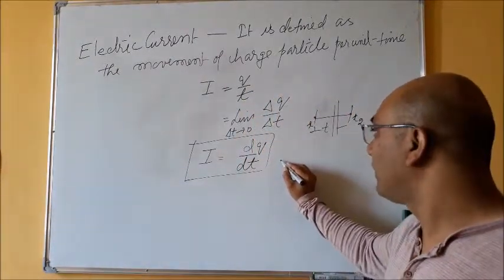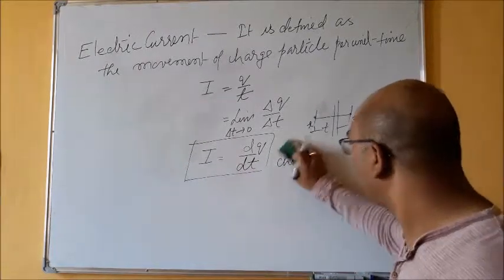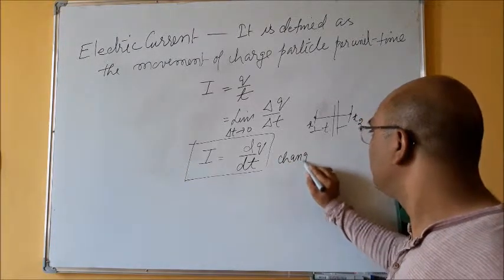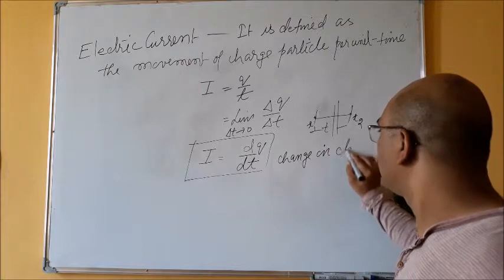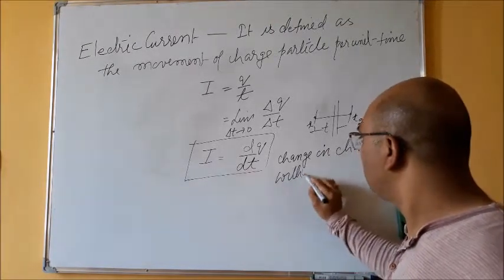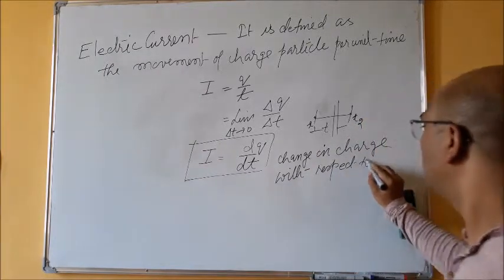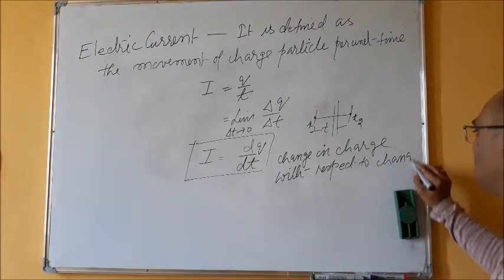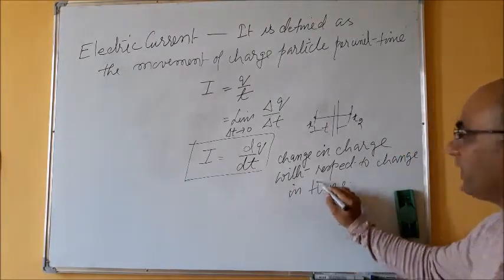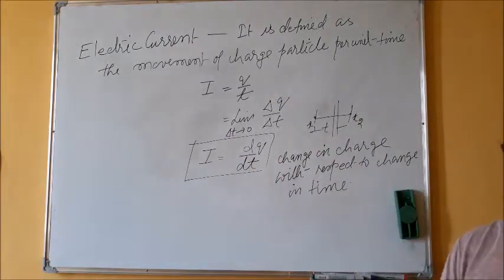So I is also defined as the change in charge with respect to change in time. Okay, so we can define I either by this definition or by this definition.